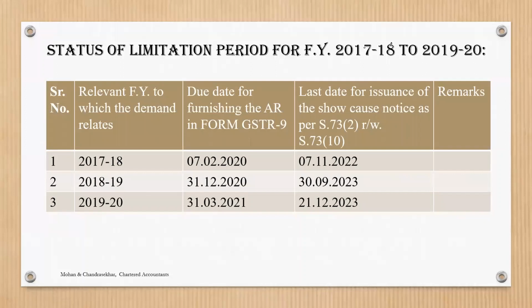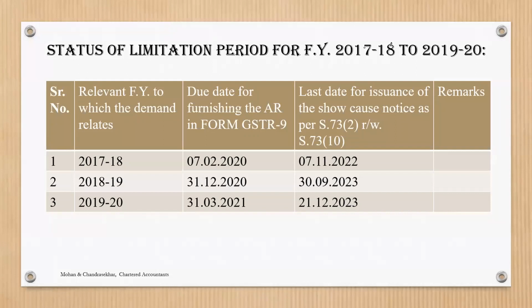So 3 years from there is 7/2/2023, and 3 months before, that is 7/11/2022, the notice has to be issued. Similarly, for 18-19, 31st December 2020 was the due date, so notice has to be issued by 30th/9/2023. And for 19-20, notice should be issued by 21st December 2023. If they don't issue notice in this period, they cannot issue notice under Section 73.